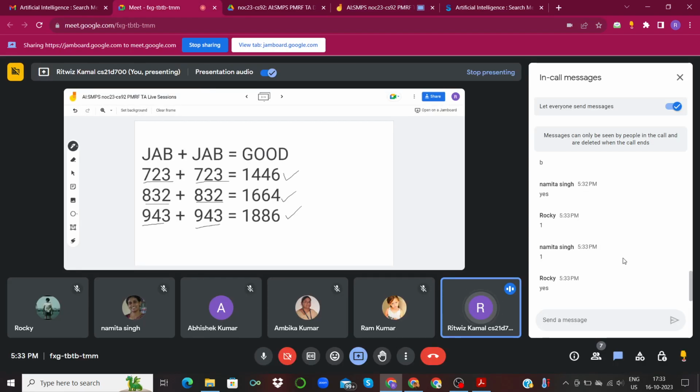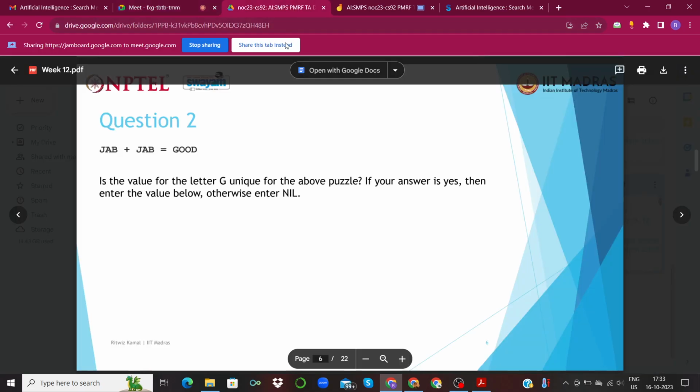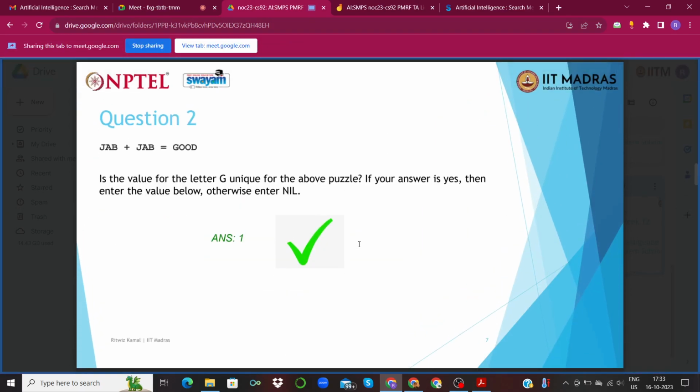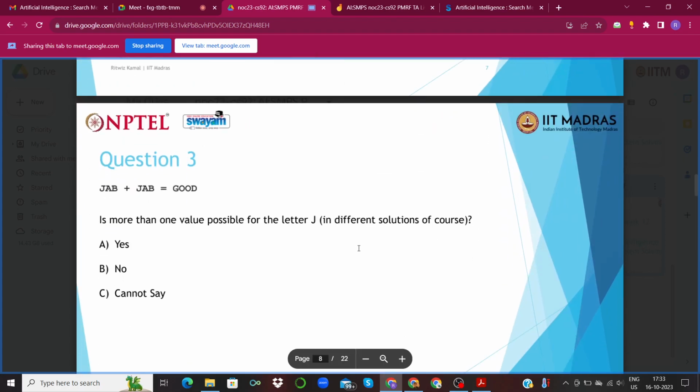Even though the overall solution is not unique, there are some letters that will definitely have a certain value assigned to them. Otherwise, we won't be able to satisfy this particular equation. So yeah, G has a unique value assigned to it, and that is 1. Okay, this was also straightforward.